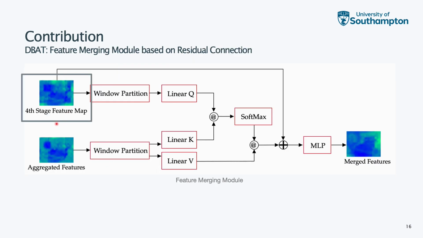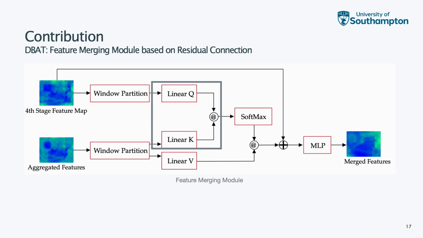Now, for the feature merging module, in order to control the learning process, we use the 4-stage feature map to guide the aggregation of features. This module is based on an attention mechanism as well. The multiplication of the outputs from the query and the key matrix produces the pairwise attention weights.